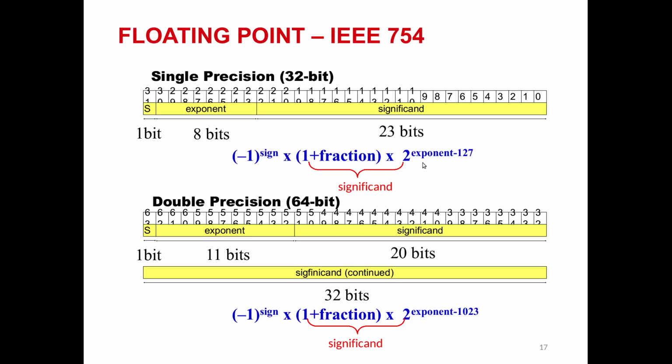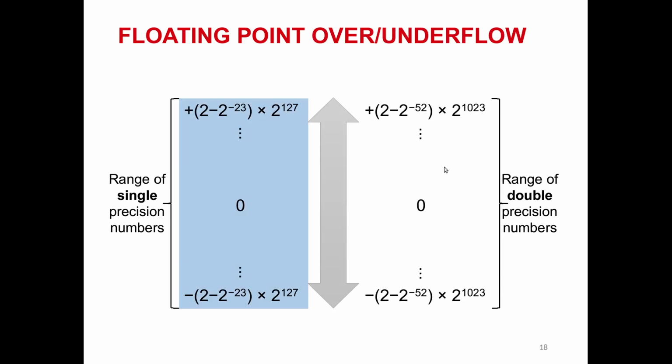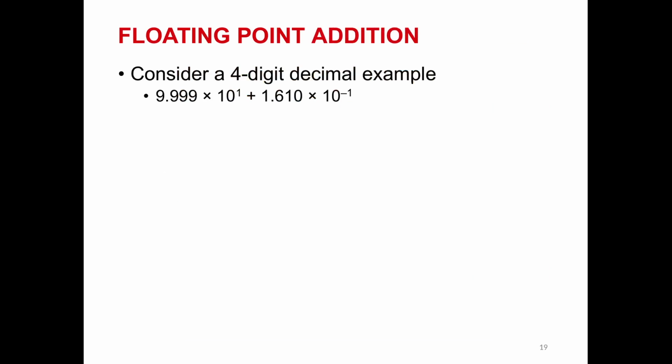For each operand, of course, the fraction will be different and the exponent will also be different, depending on their value. For that reason, we have the exponent of 1 here and minus 1 here. So if we want to add these two values together, of course, we need the exponents to be the same before we can add the significands together.